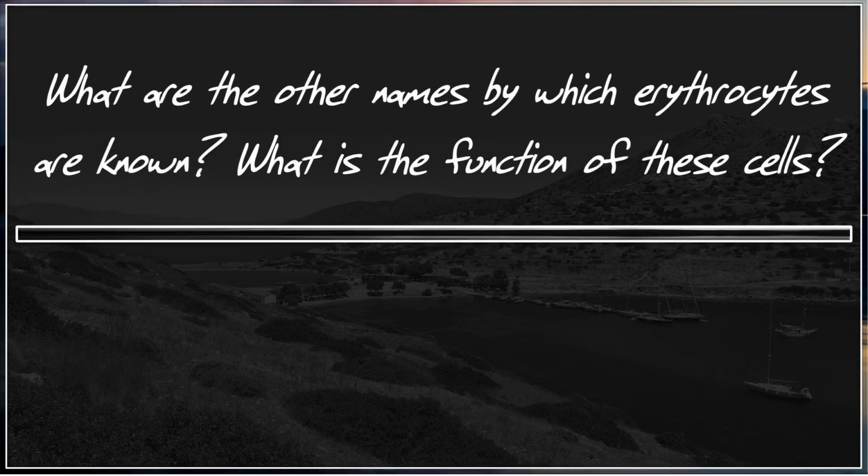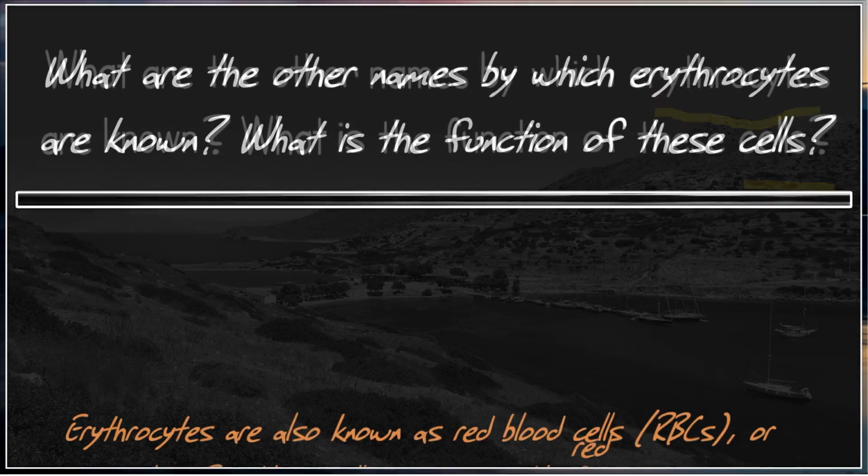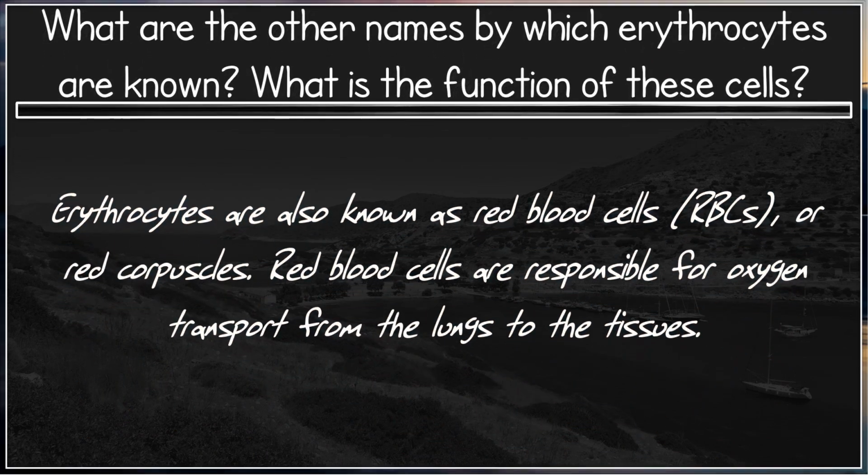What are the other names by which erythrocytes are known? What is the function of these cells? Erythrocytes are known as red blood cells, RBCs, or red capsules.